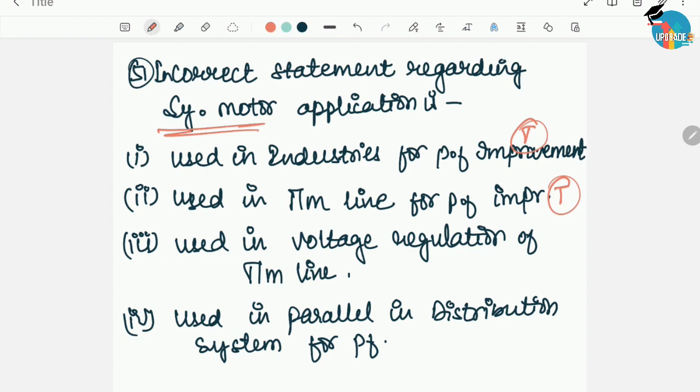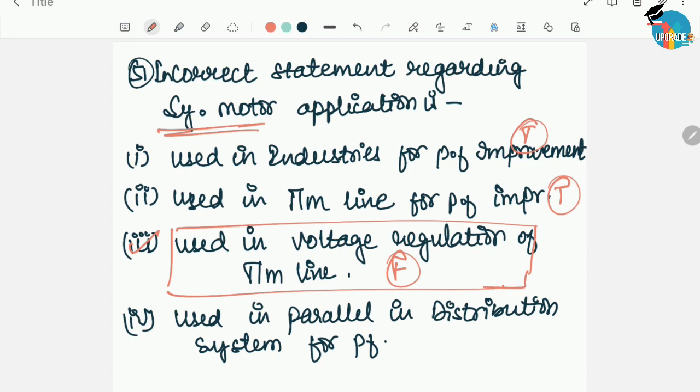Next is, it is used in voltage regulation of a transmission line. No, it is false. Next is, used in parallel in a distribution system for power factor. Yes, it can also be considered true, that it also improves the power factor of the system. So the correct statement for this question is option C, that is, it is used for voltage regulation.